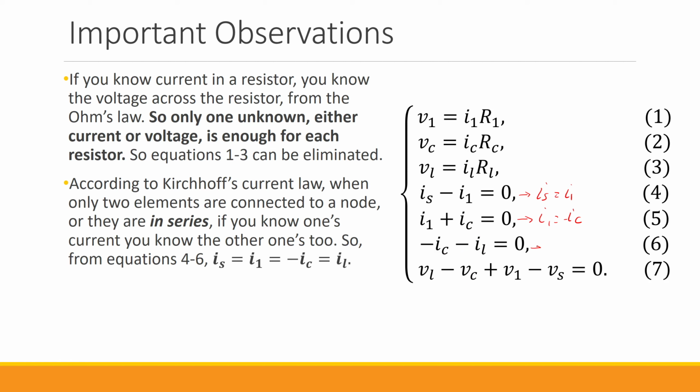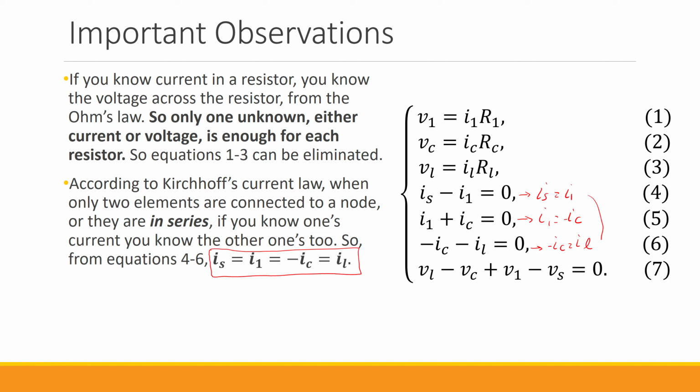So that means that negative IC equals IL. So what do we get using these 3 equations? If we combine all of these 3 equations, we can easily see that Is equals I1 equals negative IC equals IL.